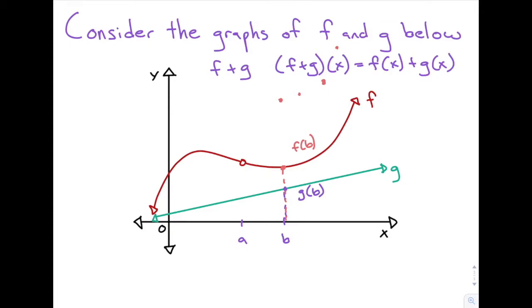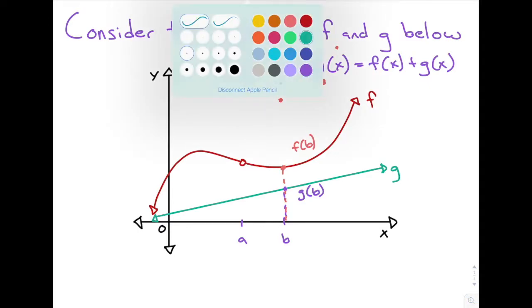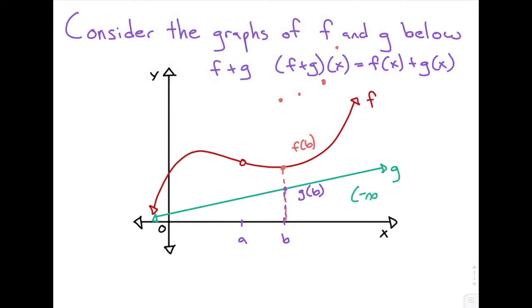So g might have a domain of negative infinity to infinity, and f looks like it has a domain of negative infinity to a, union a to positive infinity.